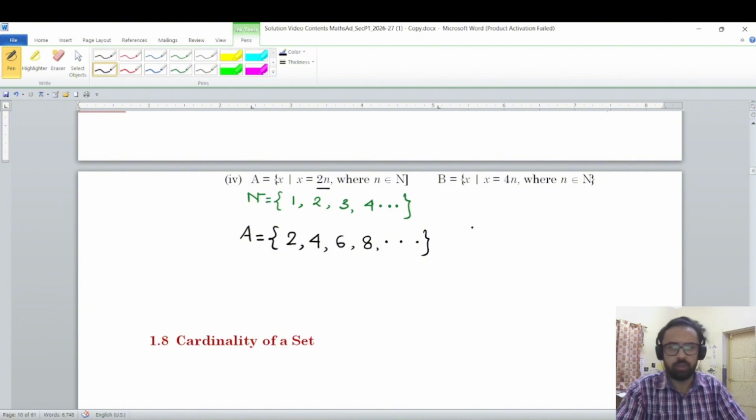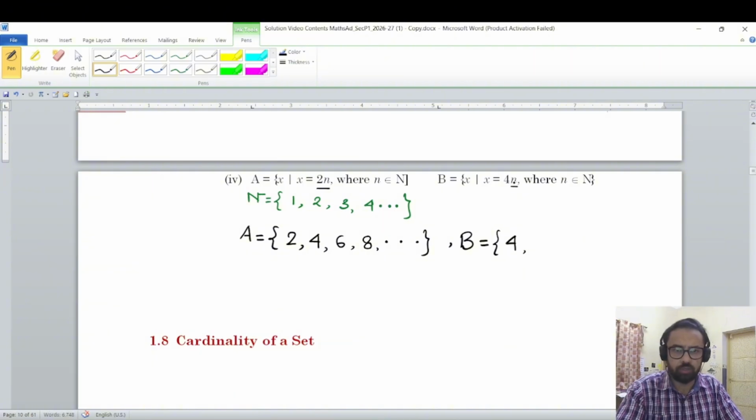And what about B? Set B is all x such that x equals 4n, where n belongs to the natural numbers. Same idea: if we choose n equal to 1, then 4 multiplied by 1 is 4, so the set will start with 4.